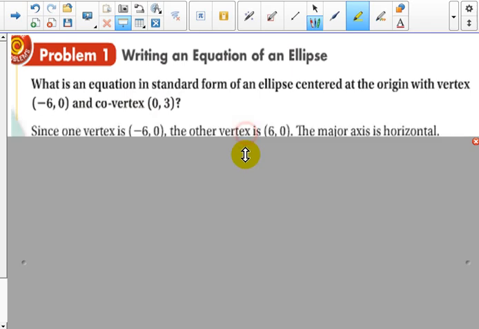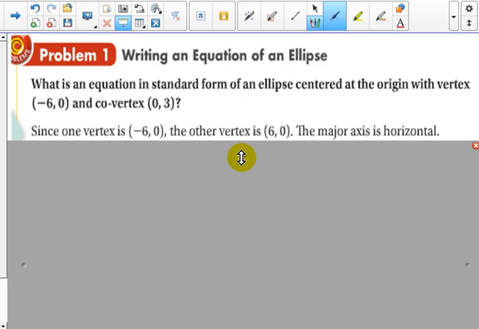So we have to decide, is it horizontal or vertical? So if you can't picture it, draw it. It says one vertex is -6, 0, so it's back here at -6. And the other vertex is at 6, 0. Well, that means it's this way.